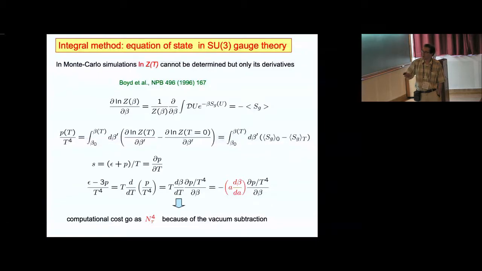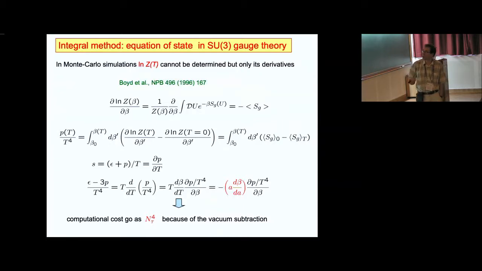And then what shows up is actually the derivative of your gauge coupling with respect to the temperature, which is equivalent to the derivative of your gauge coupling with respect to the lattice spacing. So here you see that that's nothing else but essentially the lattice analog of the beta function. So here you need to know how fast the gauge coupling varies as you vary the lattice spacing. So that's essentially the non-perturbative beta function, if you wish. And then, of course, you have the derivative of the pressure with respect to beta.